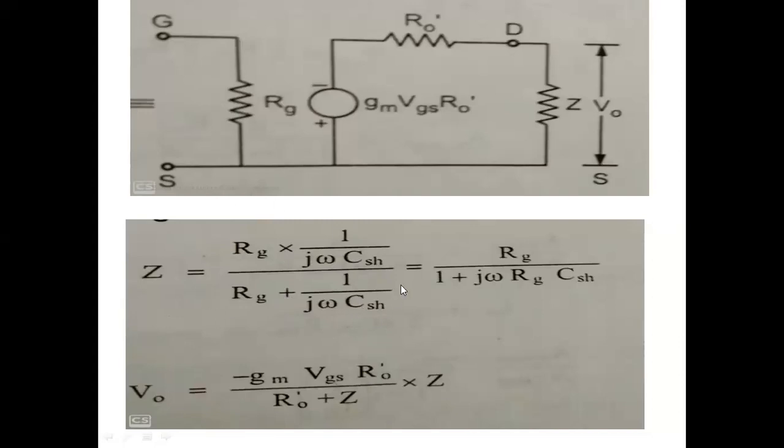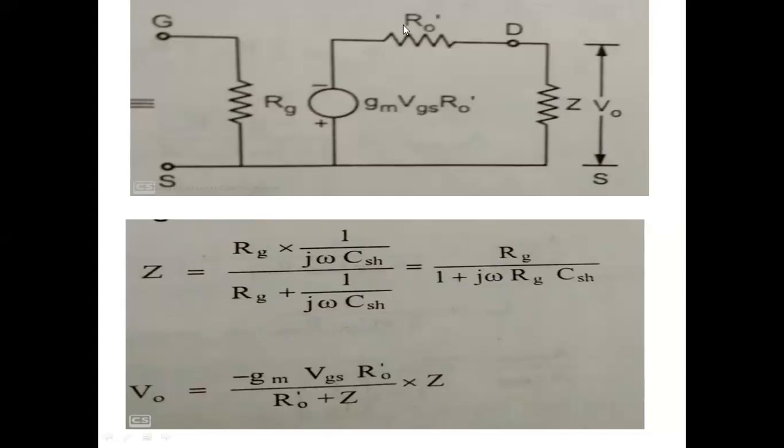This is the parallel combination of CSH and Rg. So if you simplify the equation, that means if you take the LCM and simplify, then we have Rg by 1 plus j omega Rg into CSH. Okay, this is the impedance Z, and we are taking that impedance as parallel combination of those two, resistance and capacitance.